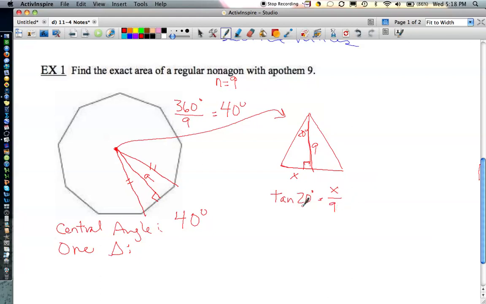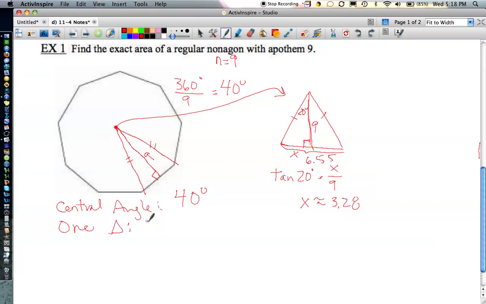If you do that math out, you're going to get about 3.28. You should verify this. And that means the whole length of the base of this isosceles triangle is 6.55. This whole thing is 6.55 or 6.56 approximately.